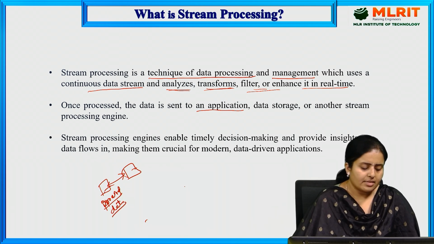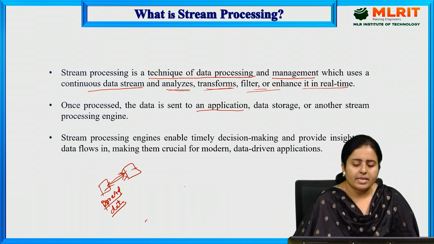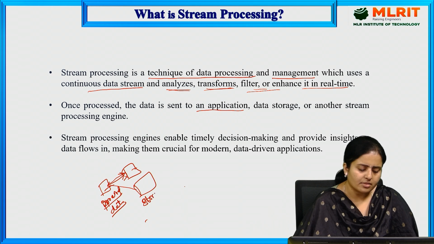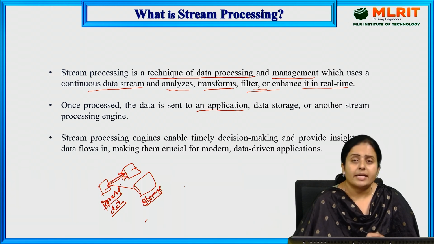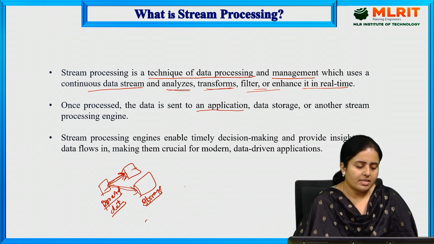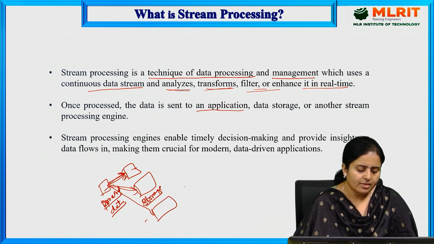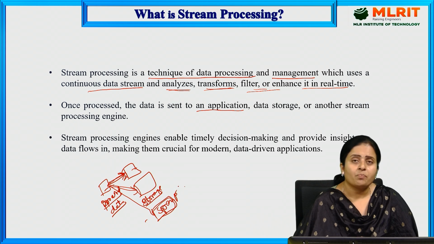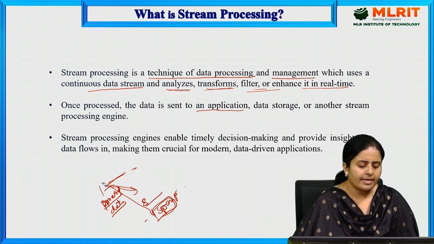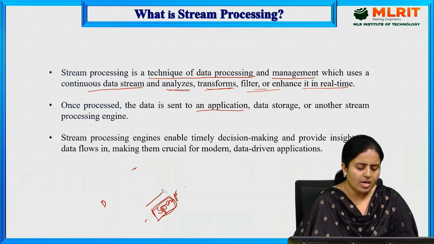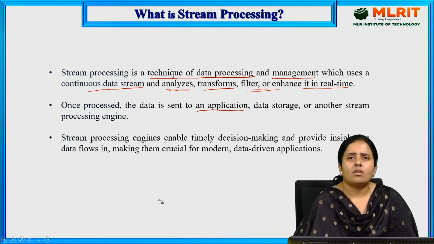These insights may be sent to another application, or stored on storage devices, or sent to another stream processing engine or system. There is a chance of collecting that data in multiple ways, not only storing it on one particular device. The insights may be stored on multiple devices.